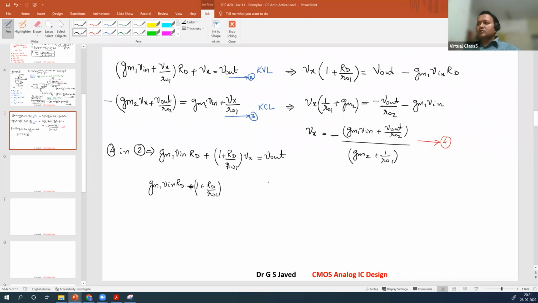So it becomes minus Vx, we will substitute with gm1 Vin plus Vout by RO2 over gm2 plus 1 over RO1 is equal to Vout. Now, if you see here, this term multiplied by this term will give you the Vin factor. This multiplier times Vout by RO2, when it goes to the other side, you get Vout. So let us substitute that back.